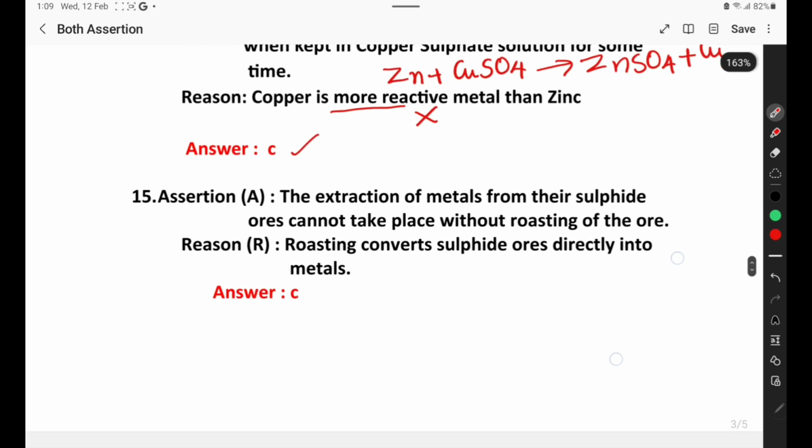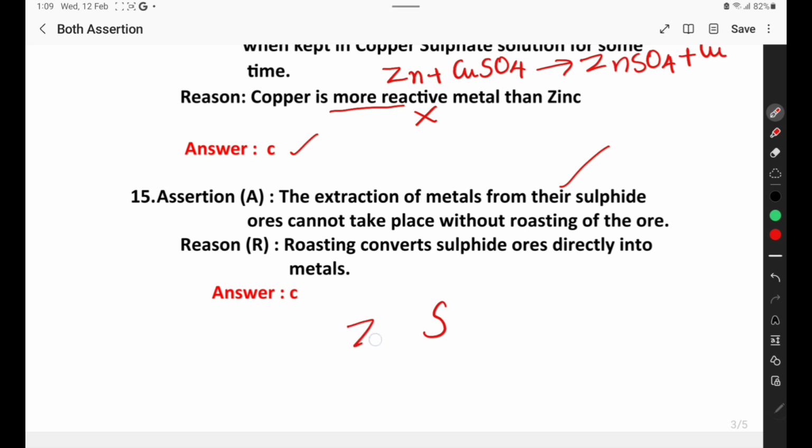The extraction of metal from their sulfide ores cannot take place without roasting of the ore. That's a correct statement. Whenever we get a sulfide ore, first we should convert it into its oxide form. For example, if it is zinc sulfide, when we do roasting, it is converted to zinc oxide and sulfur dioxide.